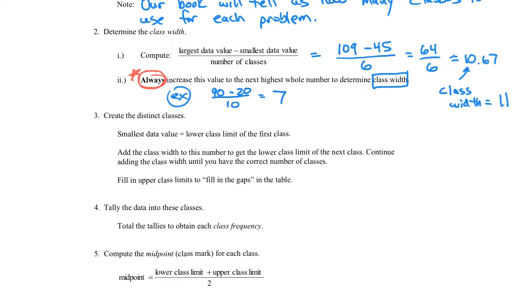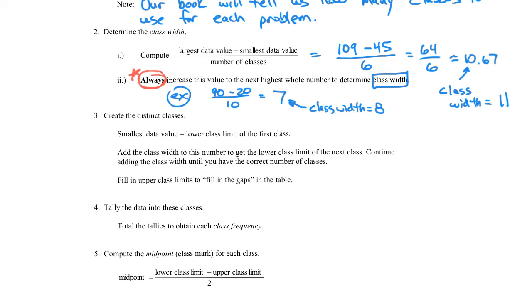In this case, what's the class width going to be? Is it going to be 7 because we're rounding? No, look what it says. Always increase this value to the next highest whole number. It doesn't say anything about rounding. Always increase. So the class width in this case would be 8, right?